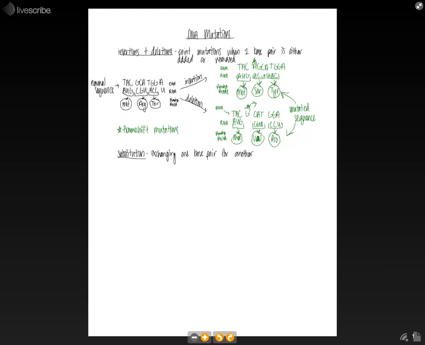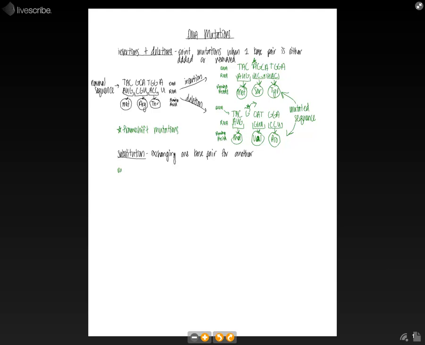The next type that we're going to talk about is substitution, where in this case we're going to exchange one base pair for another. So here we're not doing a frame shift mutation like we were in the other one. Our frames are still the same, but we're still going to get a change in that specific amino acid, I guess, is what I'm trying to say.